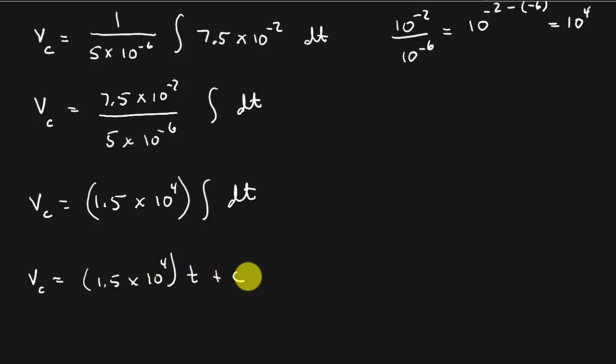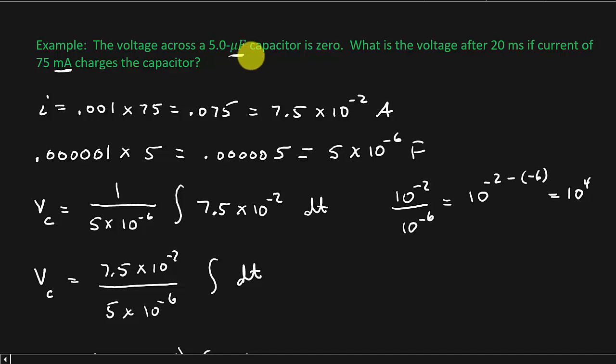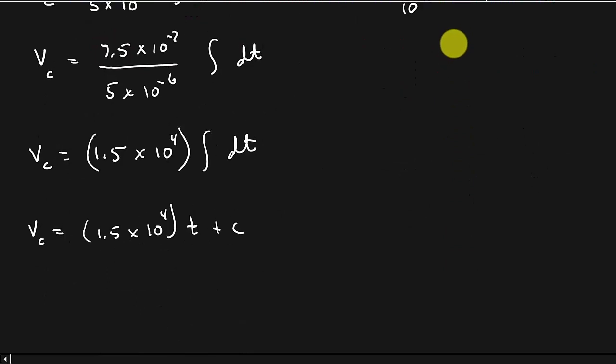Plus our constant C. But we need something to figure out what C is, don't we? Well, it says the voltage across a 5 microfarad capacitor is 0. So the voltage across the capacitor is 0, which means VC of 0 is equal to 0.